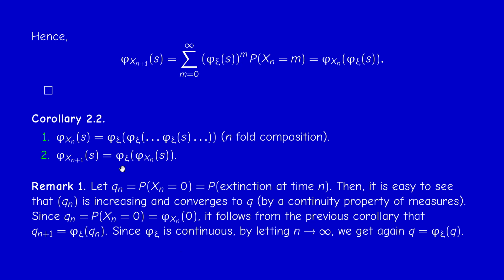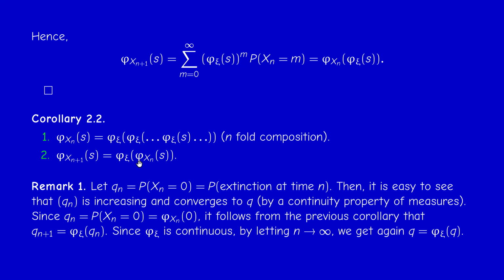And now, Qn is actually what? Qn is the first term in the probability generating function of xn, right? Because it's the constant term. So phi of xn here.